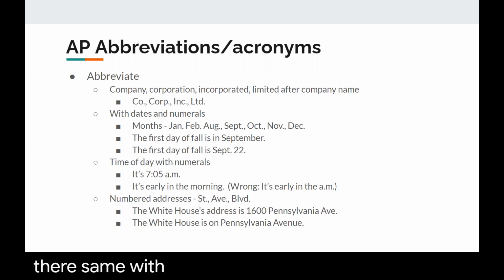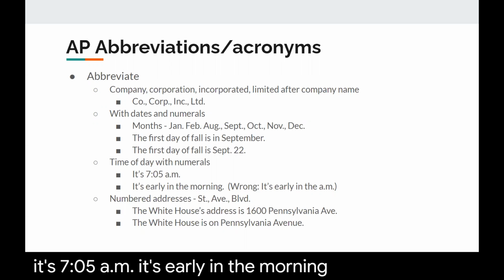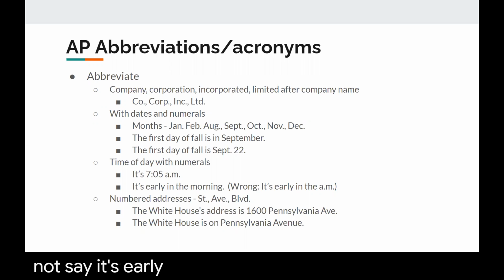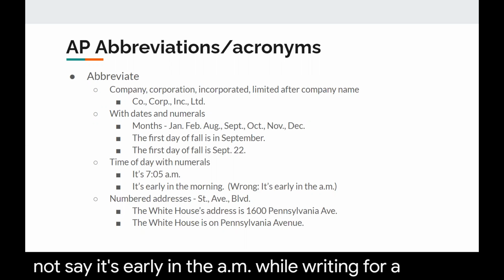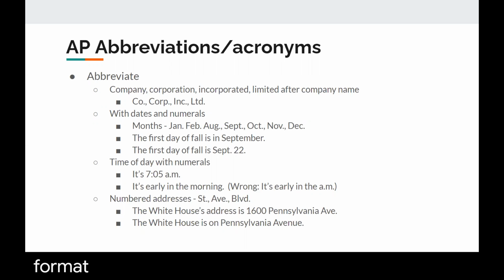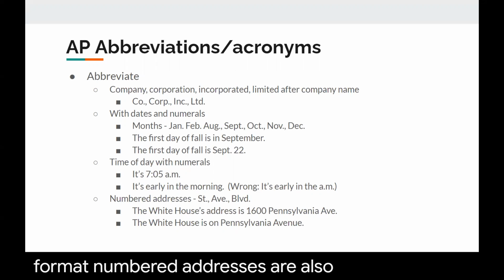Same with time of day. You would only abbreviate AM or PM if there are numerals with it. So it's 7:05 a.m., it's early in the morning. You would not say it's early in the a.m. while writing for AP format. Numbered addresses are also abbreviated.